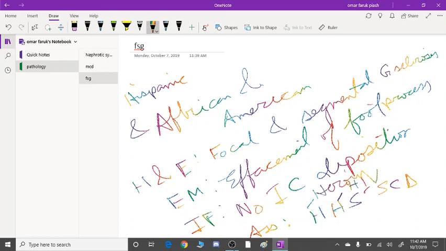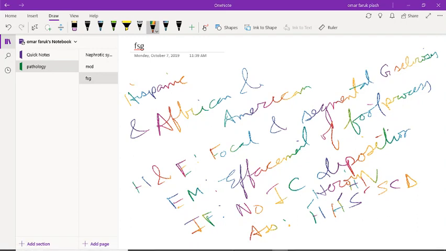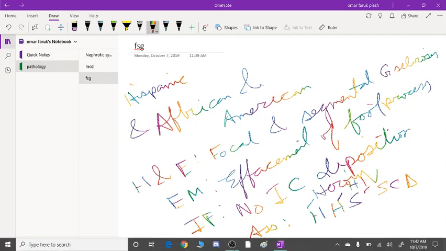These are the associations. So in FSGS, what you have to remember is that it usually happens in Hispanics and African Americans. On H and E stain there is focal and segmental glomerular sclerosis.